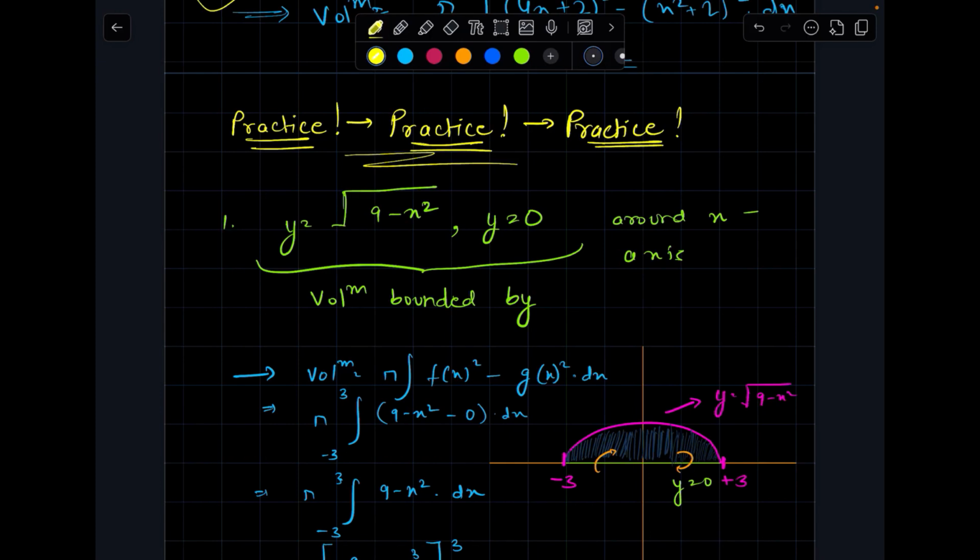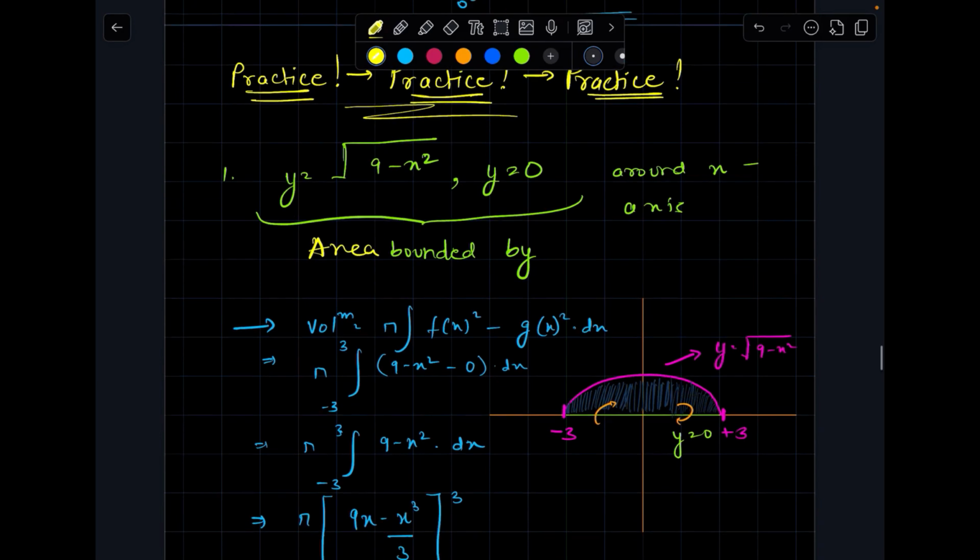Okay, so we have the equation of a semicircle here: y equals root of 9 minus x squared, and y equals 0. We have to rotate the area bounded by these two curves around the x-axis, and we need to find the volume of the figure formed.